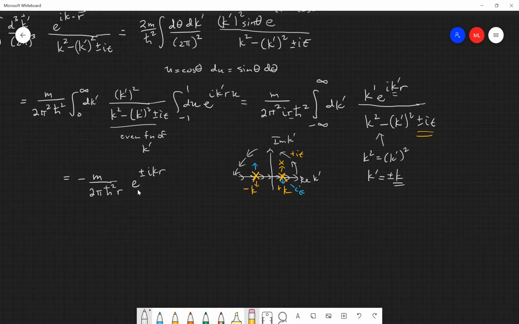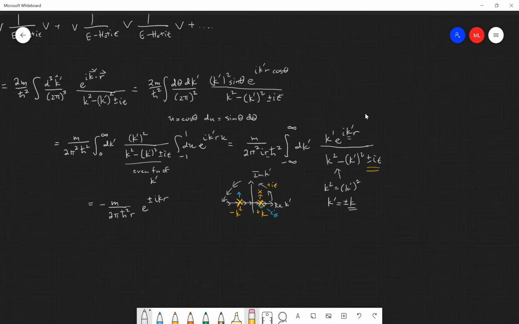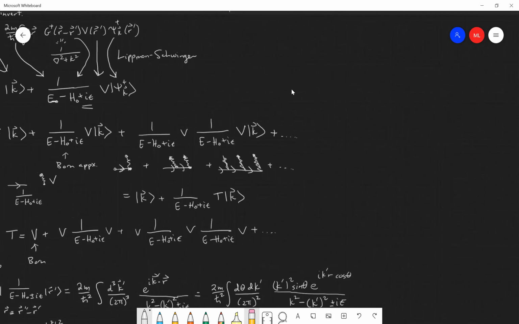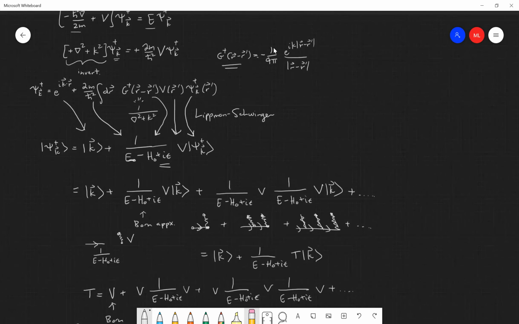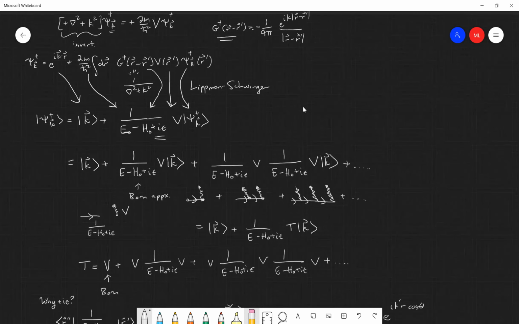So that's what you get. And if you look back to the Green's functions that we had, this is exactly the right form. It's this guy, right? Minus 1 over 4 pi e to the i k r over r. And then there's an extra factor of 2m over h bar squared.